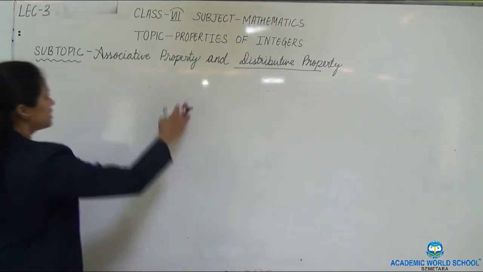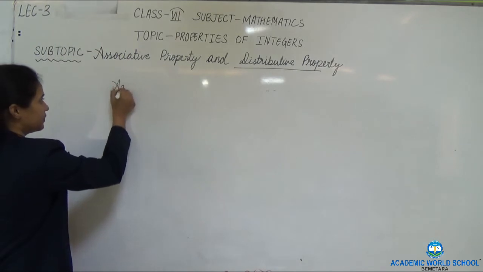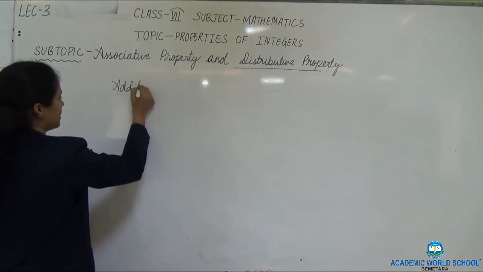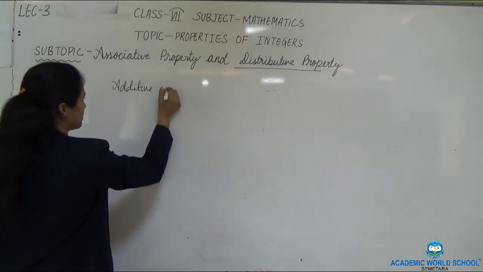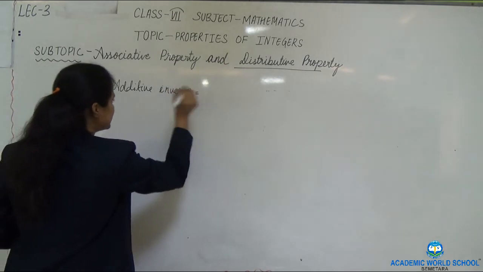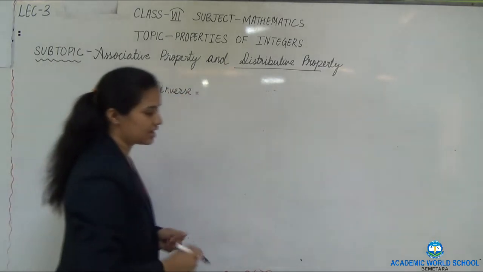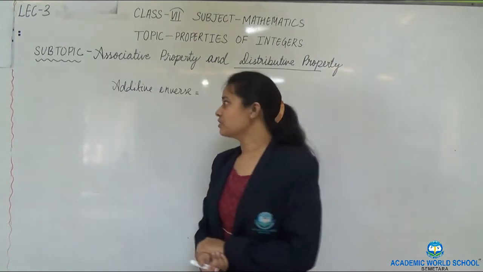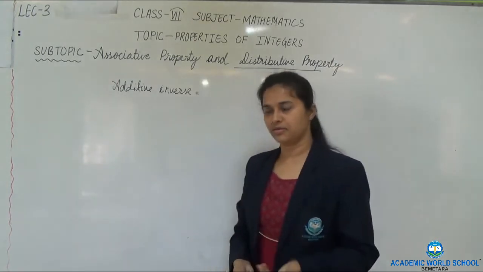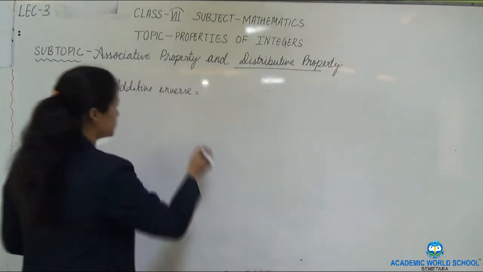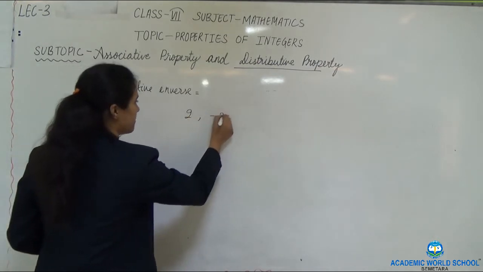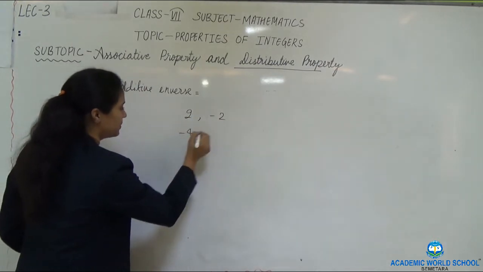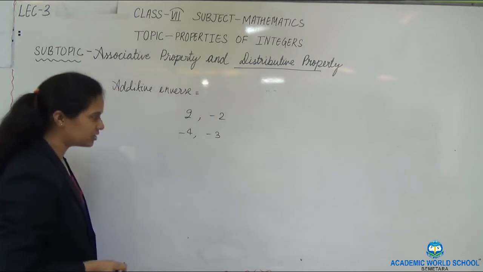So the next one is our additive inverse. What does this additive inverse mean? The opposite of 2 is, we don't know. Minus 2. Additive inverse of 2 is minus 2. Minus 4 will be minus 3.